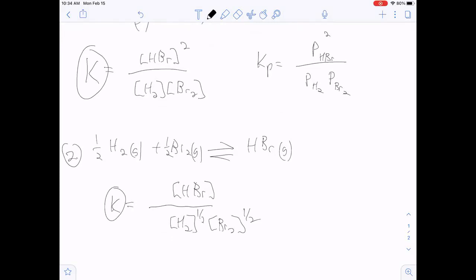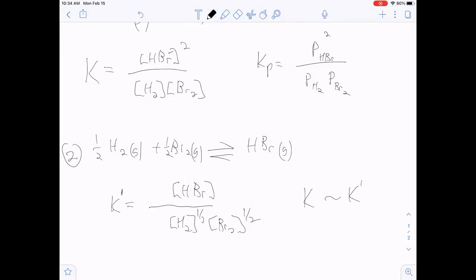Because obviously, if I am squaring up here and not squaring down there, that's going to give me different answers. So these two Ks are different values. So how do I distinguish these two Ks from each other? I'm going to call that K prime. So how are K and K prime related to each other?